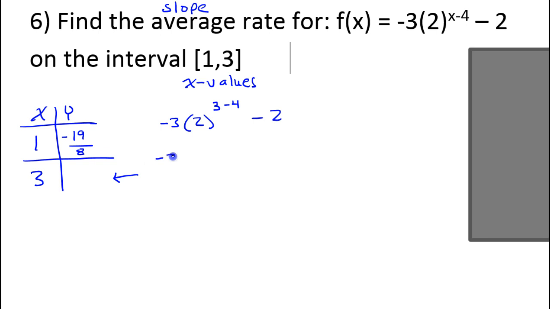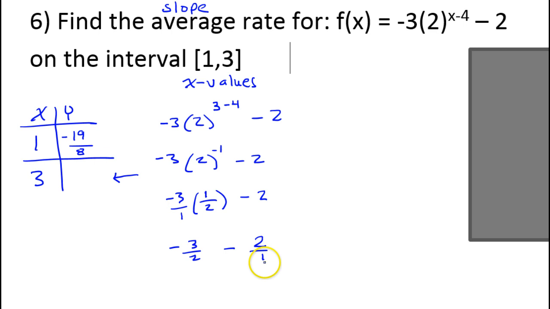So this will be negative 3 times 2 to the negative 1 power minus 2. 2 to the negative 1 power is just 1 over 2. So I have negative 3 times 1/2 minus 2. Now since this is like negative 3 over 1, multiplying straight across gives us negative 3 over 2 minus 2.